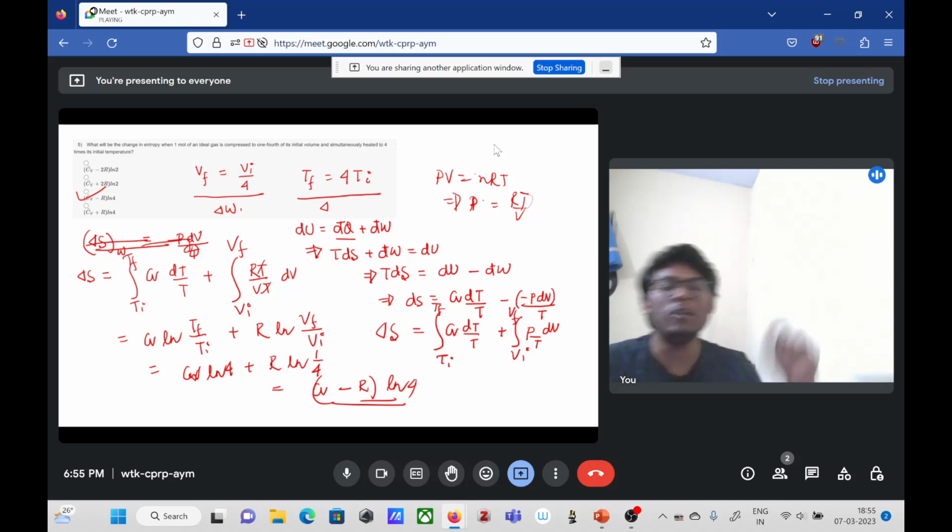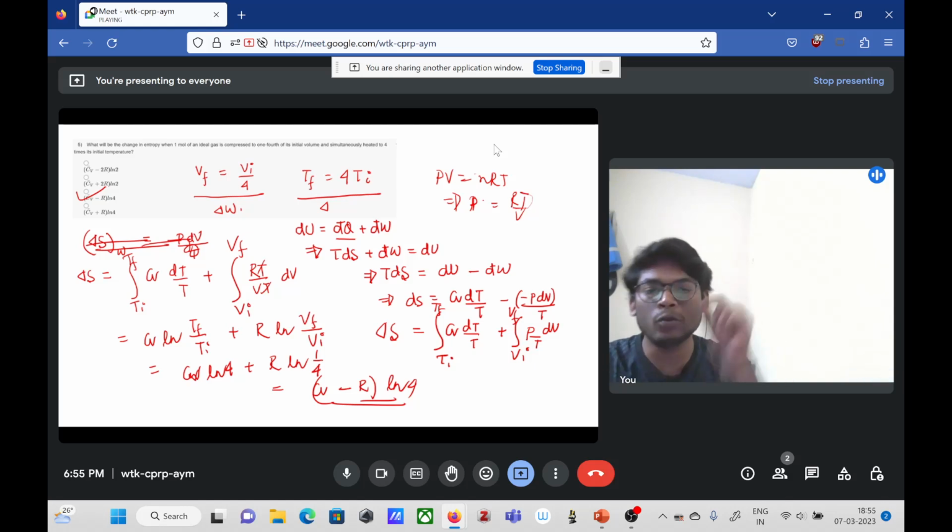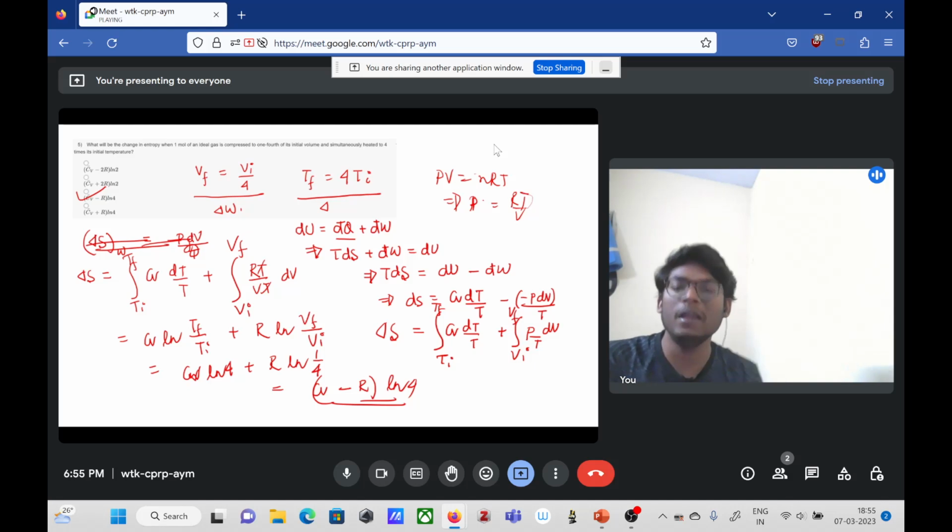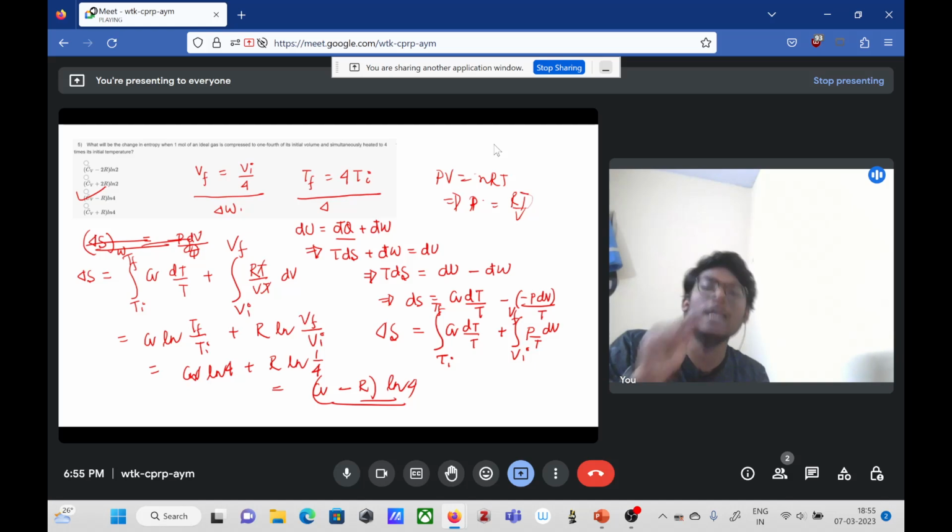Now we have to substitute the value of P according to the ideal gas equation, P is equal to RT by V, because we are talking about 1 mole of gas. Substituting the expression of P into that equation, it will be RT by V, the T's cancel out, and that will be R by V dV. After the calculation, there will be Cv ln Tf by Ti plus R ln Vf by Vi.